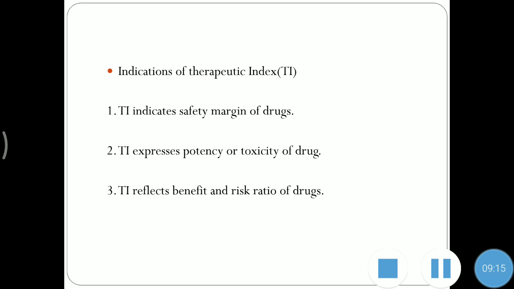So it is very important to obtain the therapeutic index of drugs. If there is an increased therapeutic index, there is an increased margin of safety, meaning a large dose of the drug will be safer and will not produce much risk to the patient.